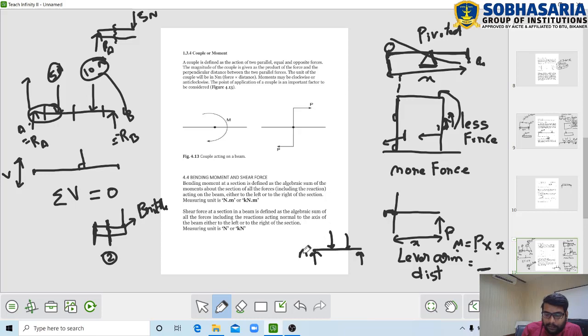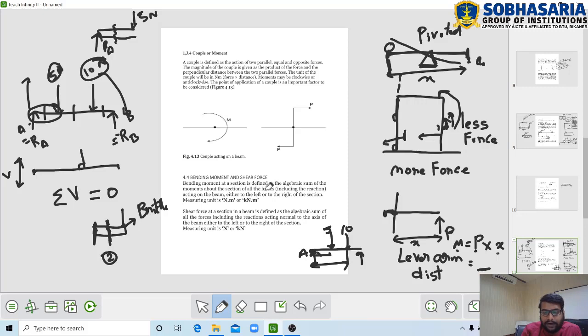If you see this point A, due to this 5 Newton load, you will have a different moment, and due to this 10 Newton load, you will have a different intensity of moment. So you can see when you sum up all these moments, it will give the bending moment.